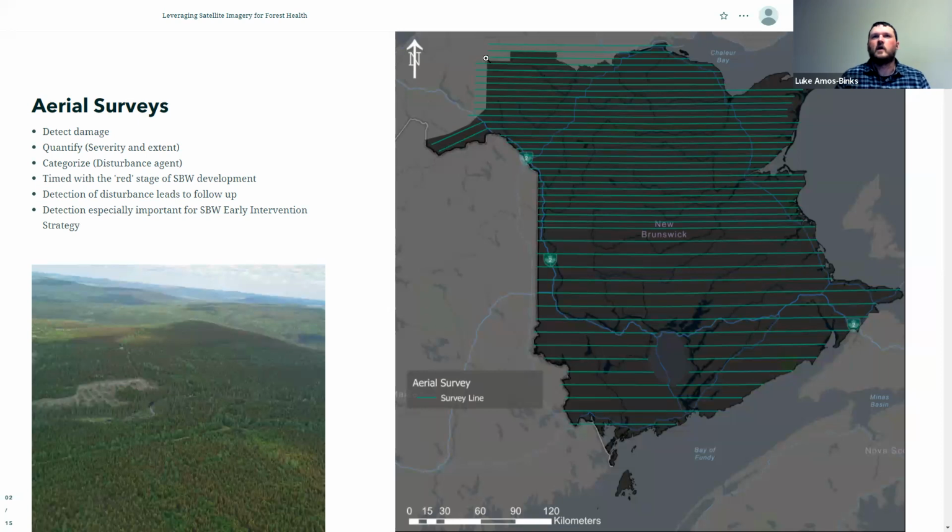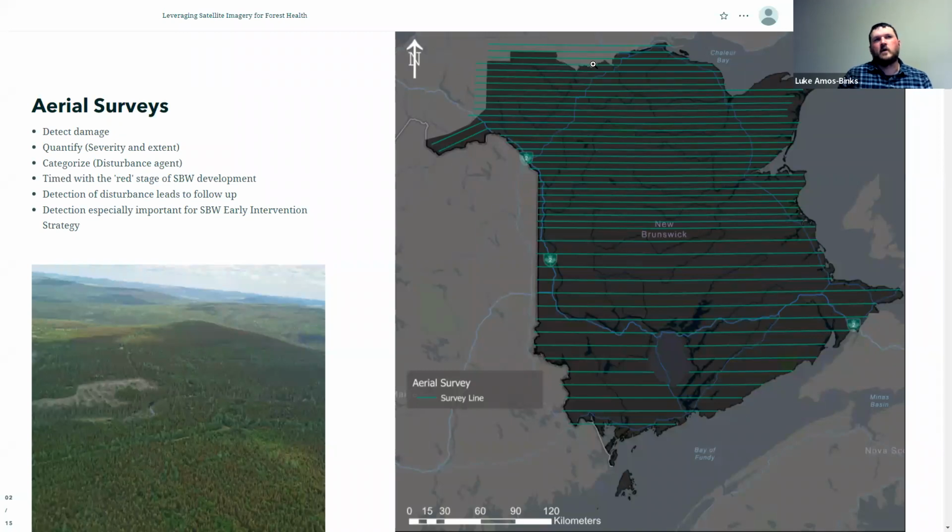You can see our flight lines in New Brunswick are narrower in the northern part of the province because there's more forest, fewer people, and more risk from one of our more damaging disturbance agents, spruce budworm, up in the northern part of the province.